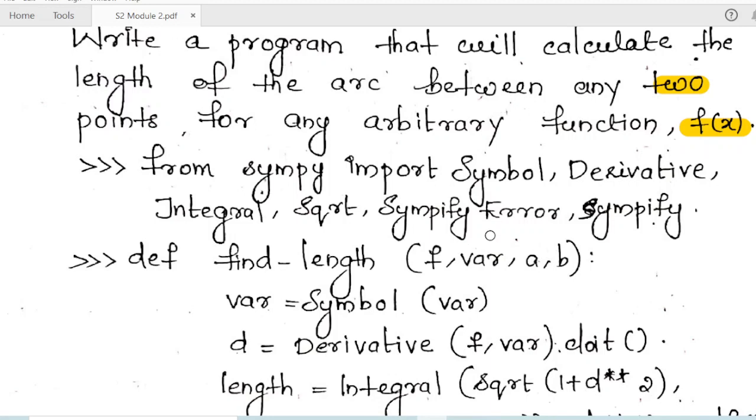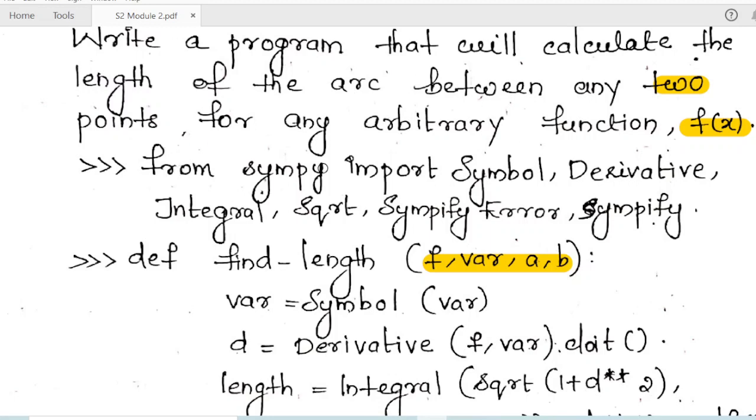So we require 4 inputs from the user. F is the function or curve, and this function is in terms of which variable we want, because we have to integrate it. To find the length we need to integrate it. So to integrate we need to know with respect to which variable, and what are the 2 points between which you have to find the length of the arc.